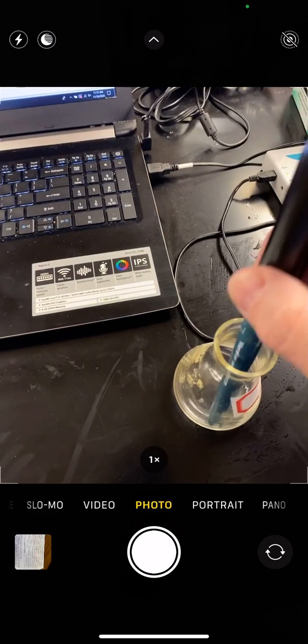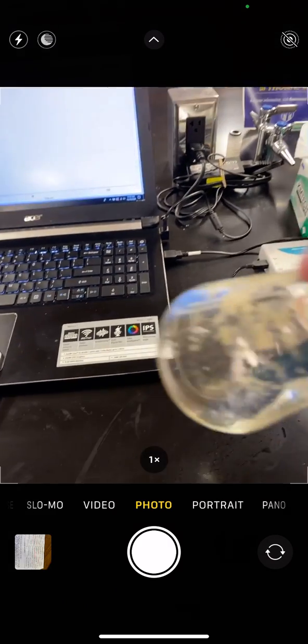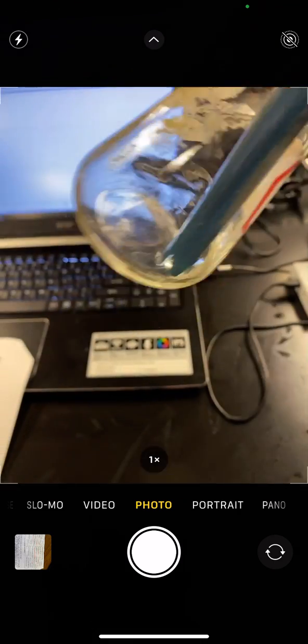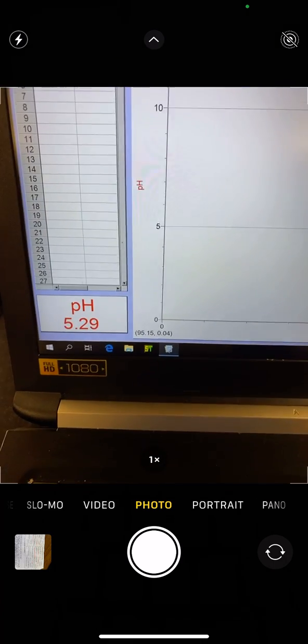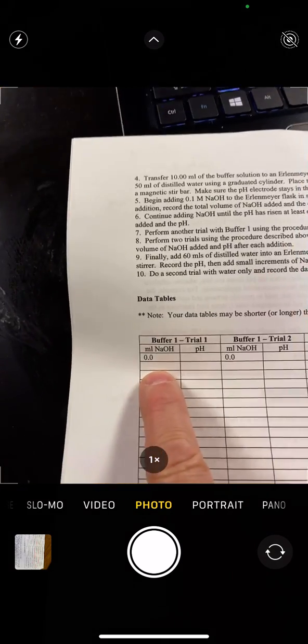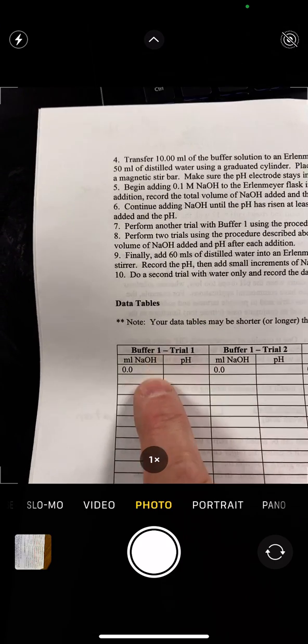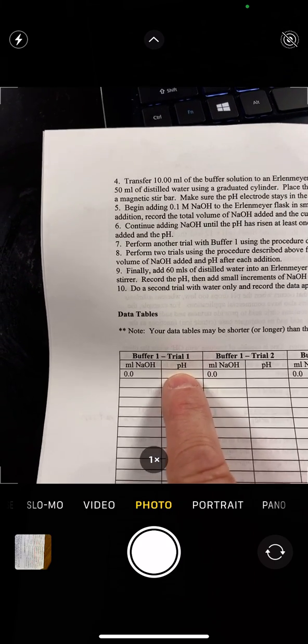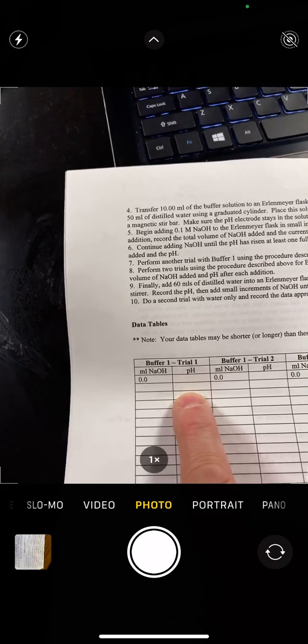I put the probe in. I give it a swirl. And we see the pH actually jumped. We're going to say 5.29. So you record 1.0 milliliters of NaOH added. The pH was at 5.00, now it's at 5.29. So now we're going to add another milliliter.